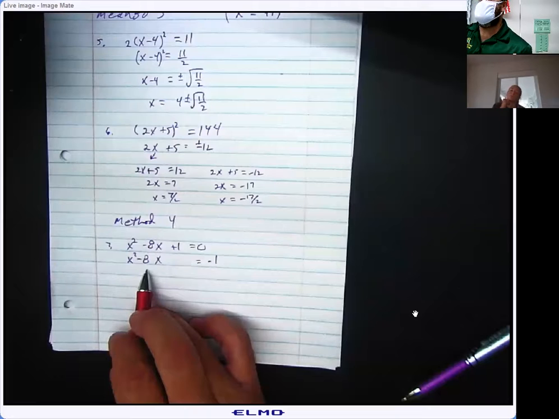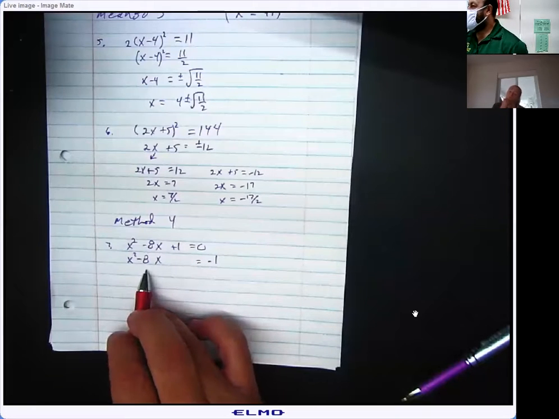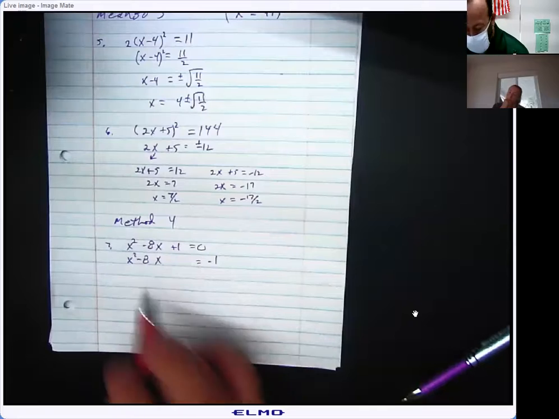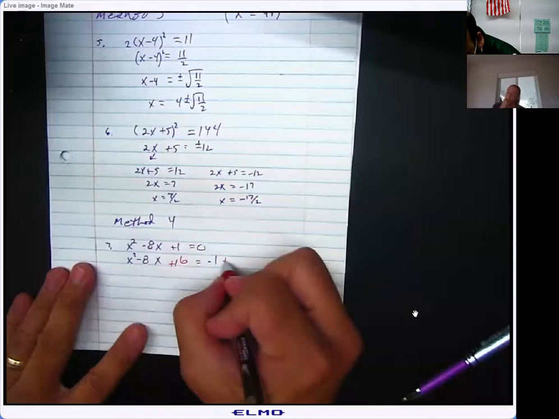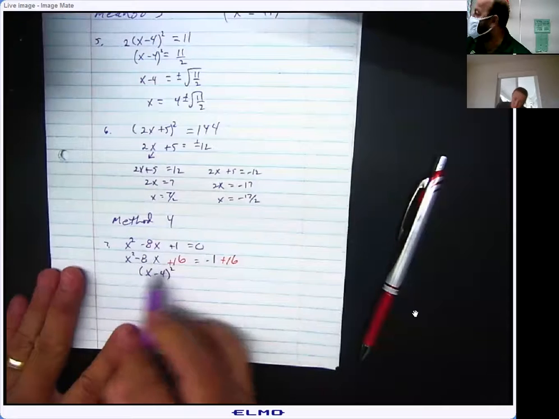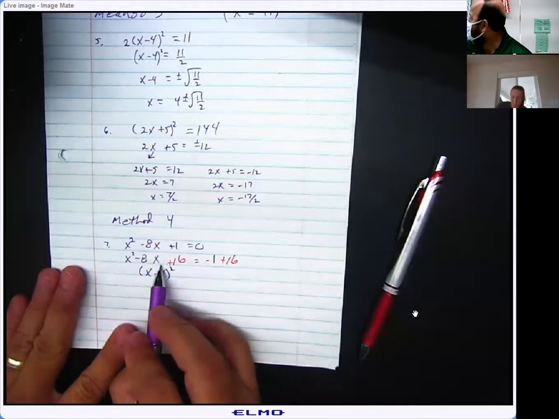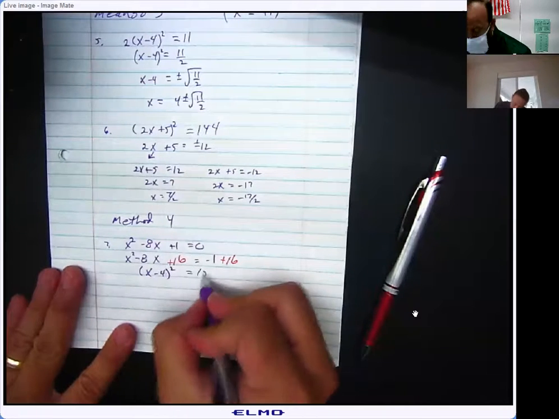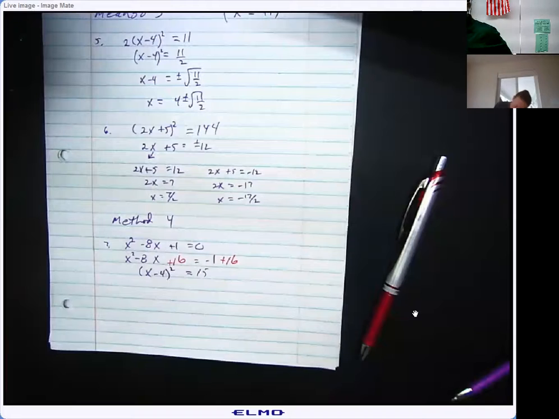Almost. You cut it in half, and then you square it. So guys, what is half of -8? -4. Square that, you get 16. Now, because of that, this has now turned into a perfectly factorable thing that is x minus 4 times x minus 4.